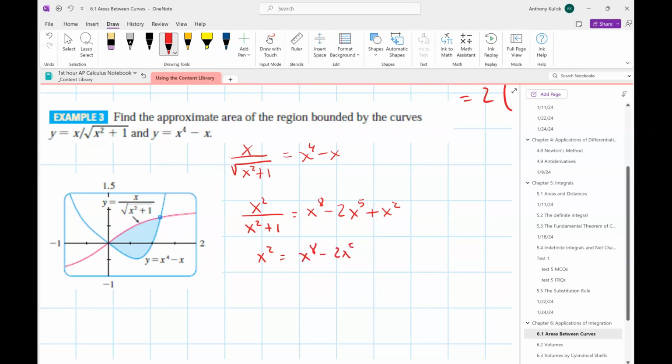And you'd have to FOIL that piece out. Yuckarooskies. And then you'd have to subtract that other x squared over. And now this algebra is getting too bad for me to do by hand, right? So calculator would be okay.